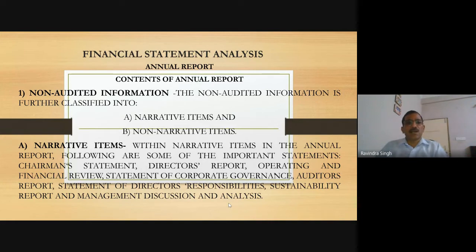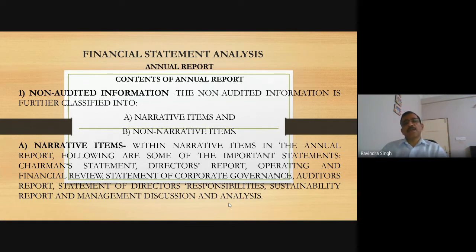One is non-audited information, and that is narrative and non-narrative. क्या होता है कि जो audited part of annual report होता है, that is based on our balance sheet, our profit and loss account, our notes on the accounts, that is, how the particular head of the balance sheet has been added and finalized with the particular amount in the balance sheet. So there are different notes that are duly audited by the chartered accountant.